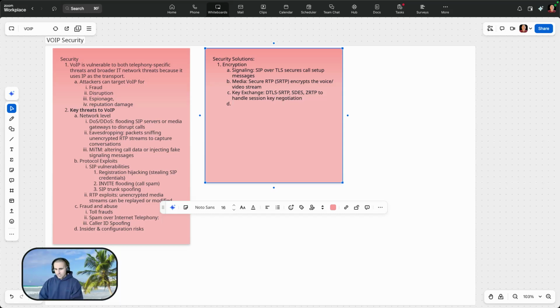Okay, so that's encryption. Now we go to authentication and access control. Strong SIP authentication, like OAuth, is now used in modern unified communication systems. Multi-factor authentication for admin access. And what is multi-factor authentication?